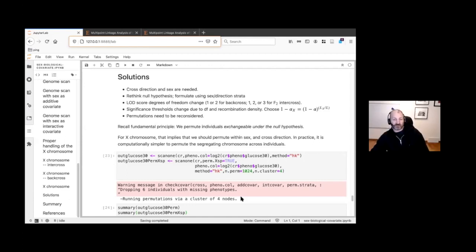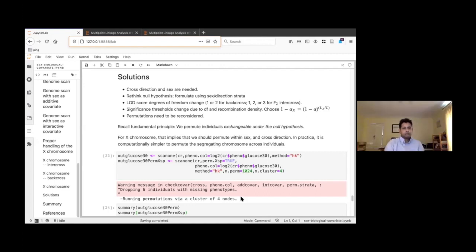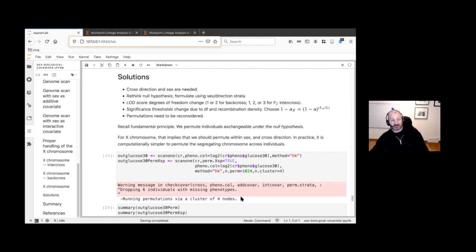For example, if you do a backcross with both sexes, the test on the X chromosome is going to be 2 degrees of freedom versus 1 degree of freedom for the autosomes. So the LOD scores will tend to be larger on the X chromosome, even in the absence of linkage.